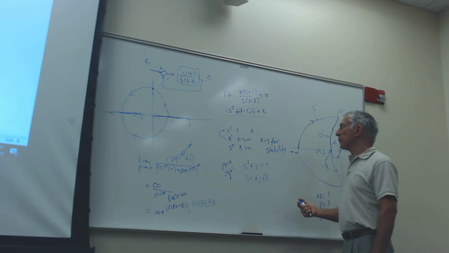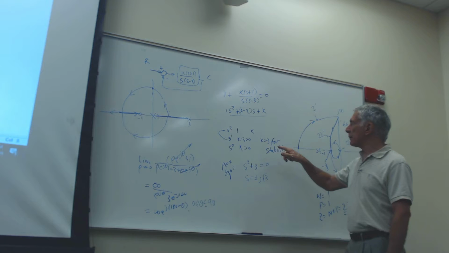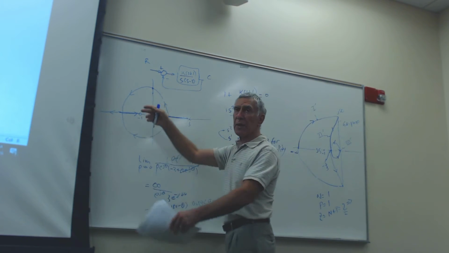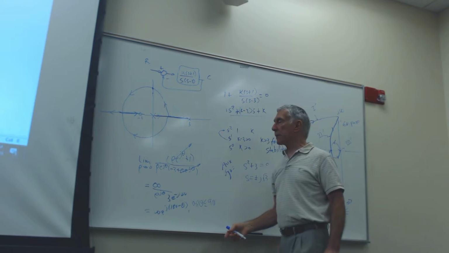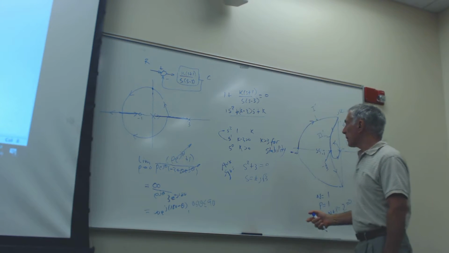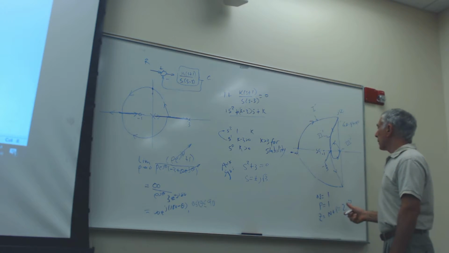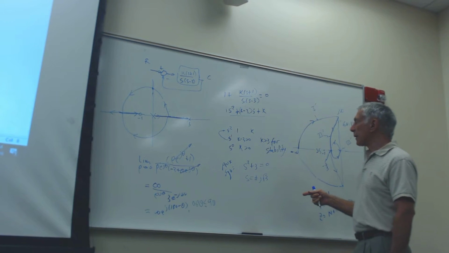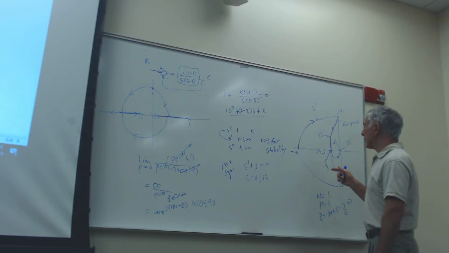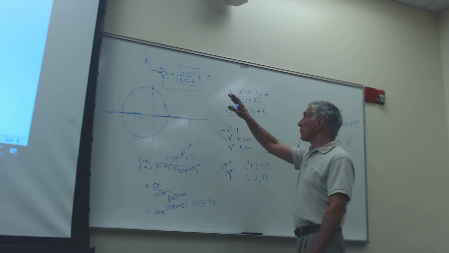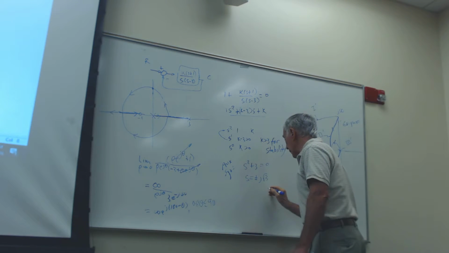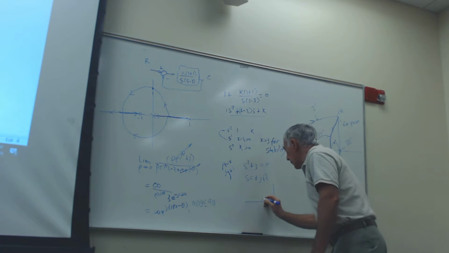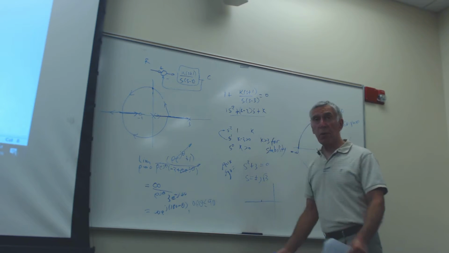So what can we say from this? We can say that if K is greater than 3, the system will be stable. The poles will be in the left half plane. Okay. If K is just equal to 3, we can determine that it's marginally stable.